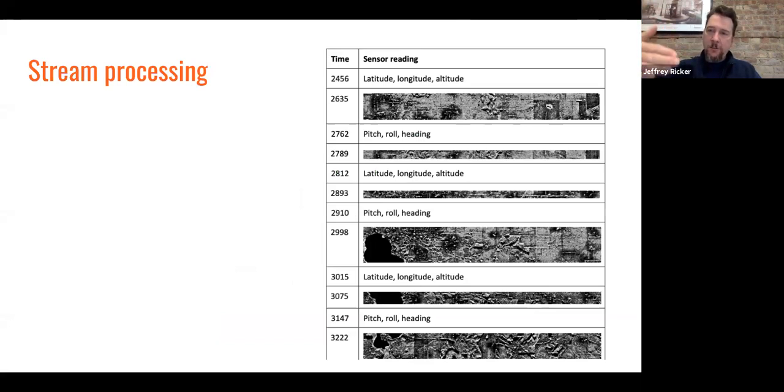And the image is continually scanning. And then at 2762, we get a pitch, roll, and heading from a different sensor reading. But the image continues to scan. And you can see how the data is interleaved in reality.